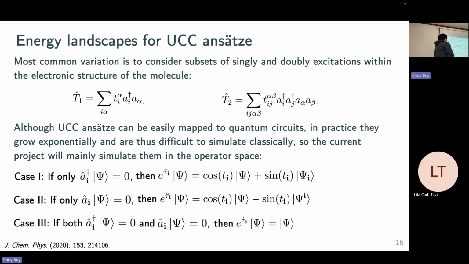I'm currently collaborating with Andrea Philip, who is a postdoc in Germany at the moment. We formulated this means of computing the ground state energy of a molecule using the UCC formalism. We utilize these 3 cases to evolve our state based on the different operators that we have.